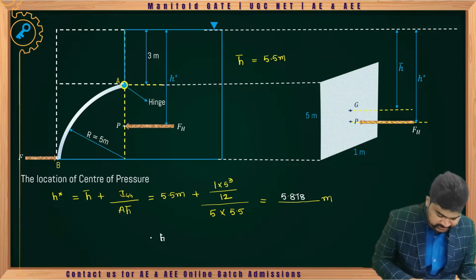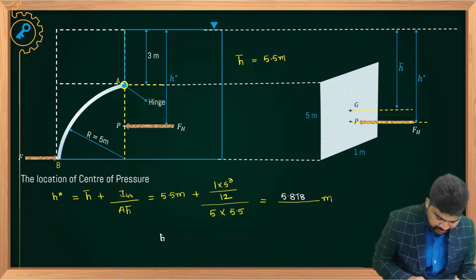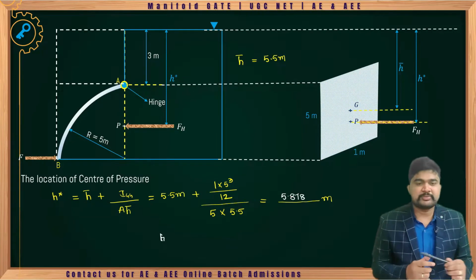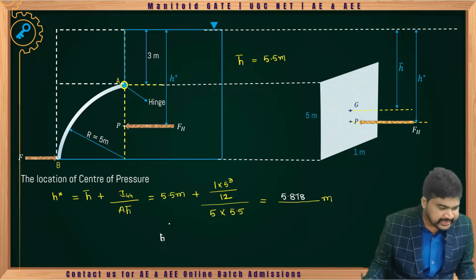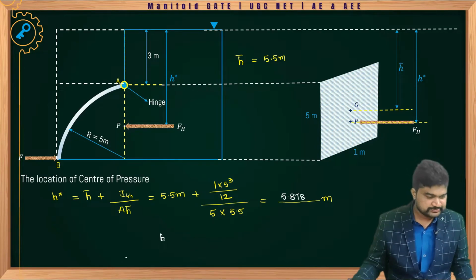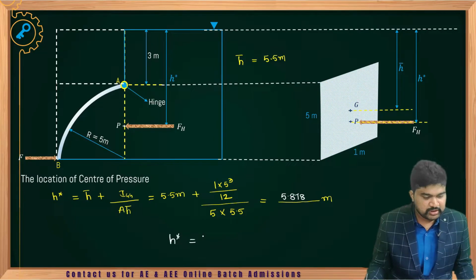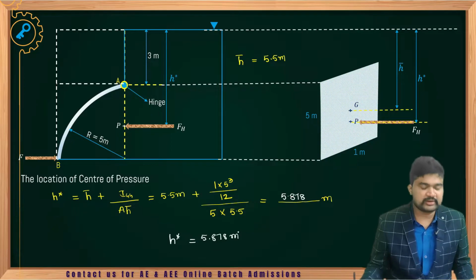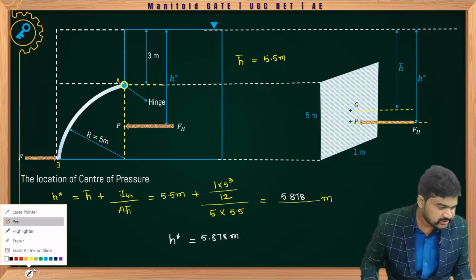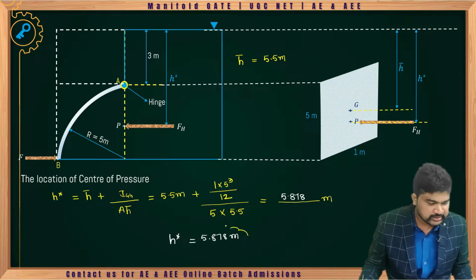Just calculate once. 5 cube by 12 by 5 divided by 5.5 plus 5.5. So h star equals 5.878 meter. Clear na?